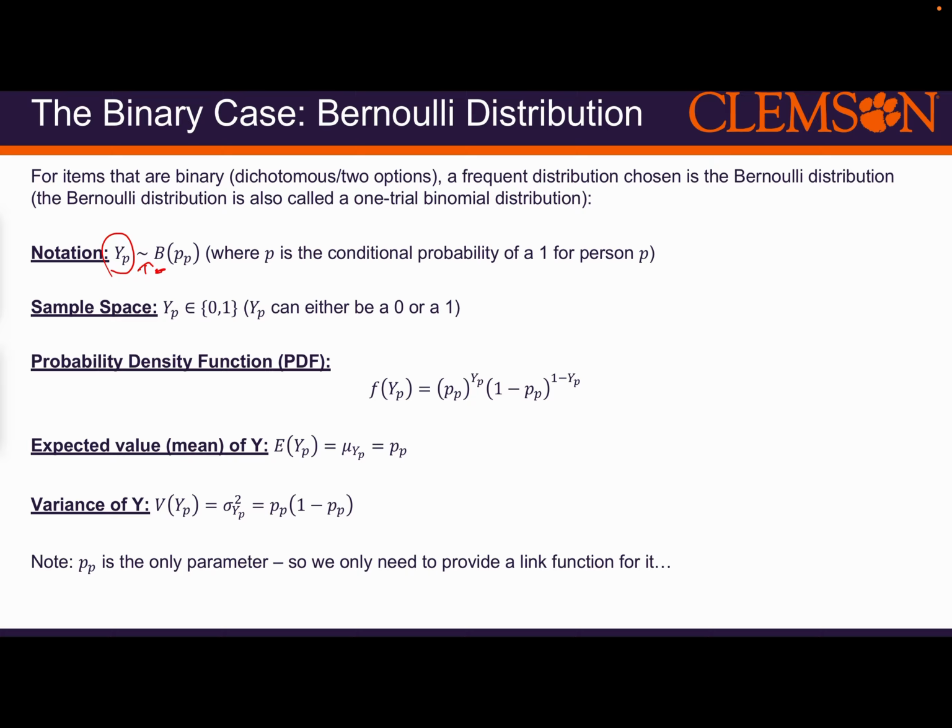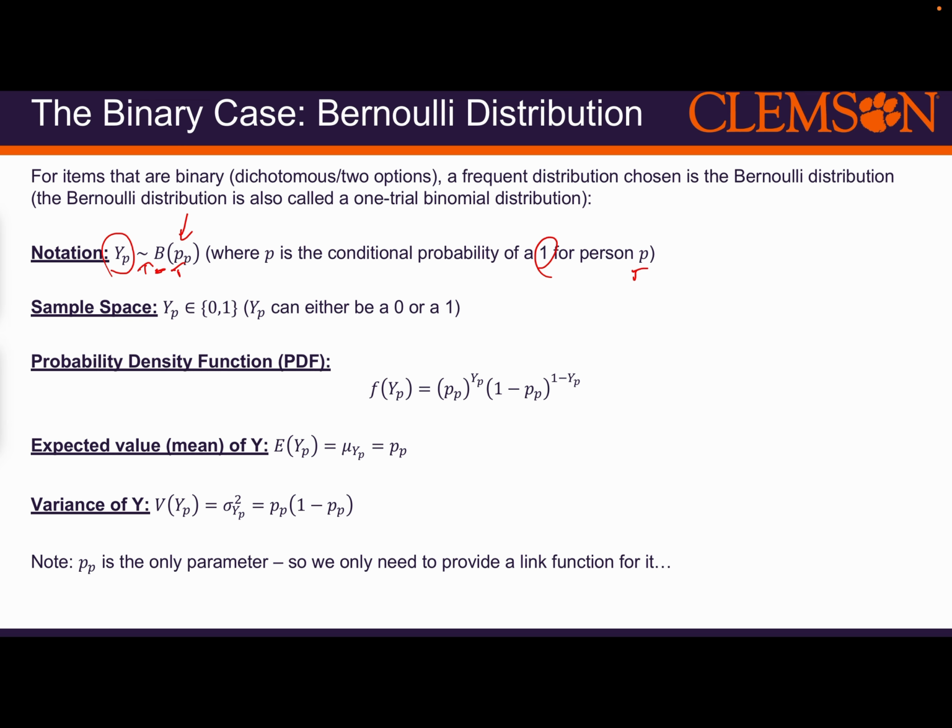So we use a B, where P is the conditional probability of a 1 for a person p. Now I'm defining this as the probability of a 1, a success. If you're familiar with the binomial distribution, where we might say, let's say we're rolling a die and we're counting the number of ones that we see out of 5 rolls, a Bernoulli is a 1 trial binomial, right? So in this case, that's it. Excuse my notation. I really shouldn't have P sub P there, but that's probability P for person p.